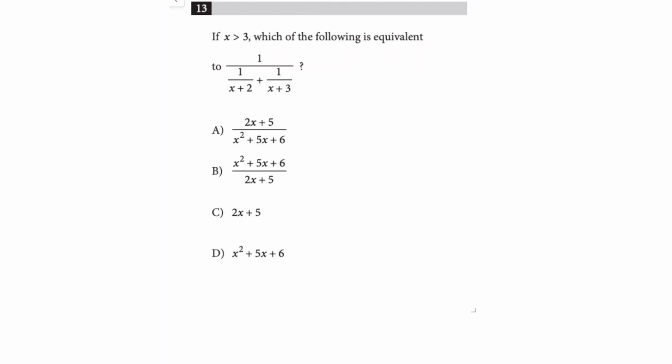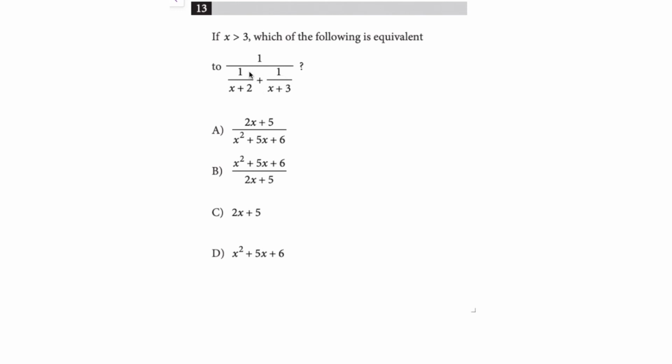For number 13, if x is greater than 3, which of the following is equivalent to 1 over x plus 2 plus 1 over x plus 3? Well, the first thing I'm going to do is worry about my denominator of this big fraction. It's very messy. So to add these, I'm going to get like denominators. I'm going to multiply x plus 2 times x plus 3, and then x plus 3 times x plus 2, so I can get a common denominator, and then I'll multiply the tops by the same.